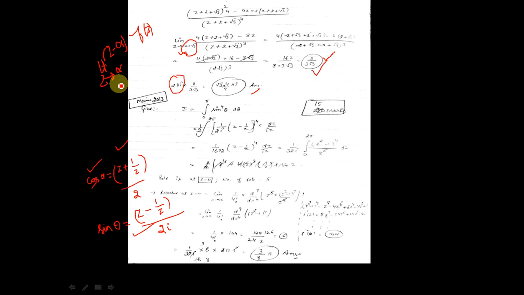You get 2 by 3 root 3. Multiply this by 2 pi i, and you get your answer. This question was asked in the Mains 2015 for 10 marks.